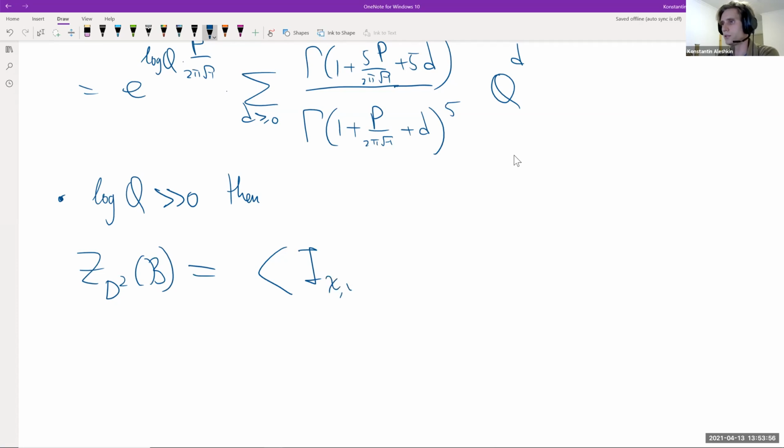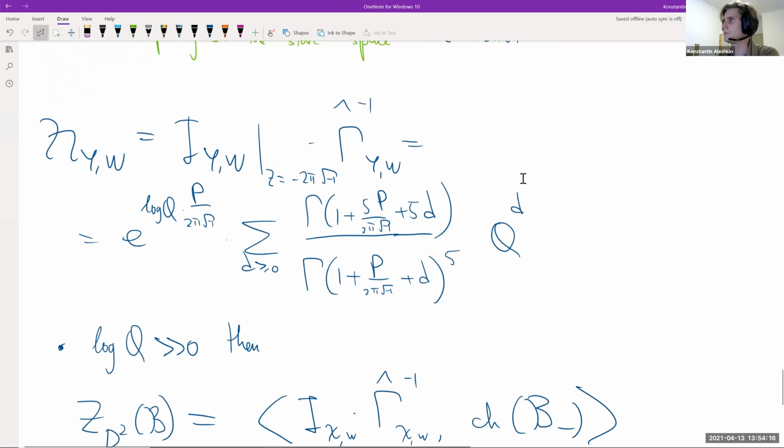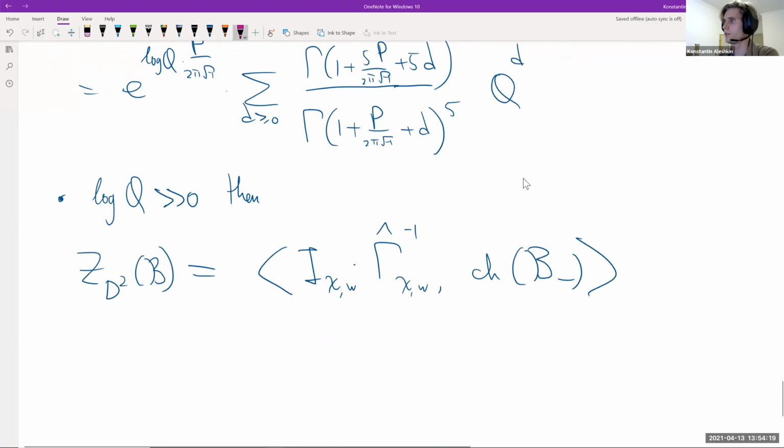So it's X small w times the corresponding inverse of the gamma class, paired again with the Chern character of B minus. So this guy is in enumerative K-theory of matrix factorizations of X with superpotential small w, and this is a pairing on the corresponding state space.